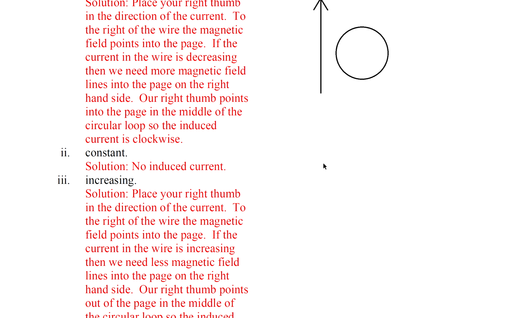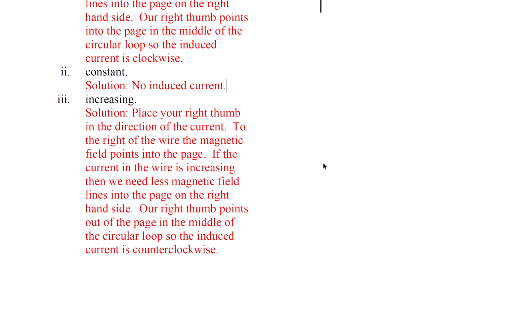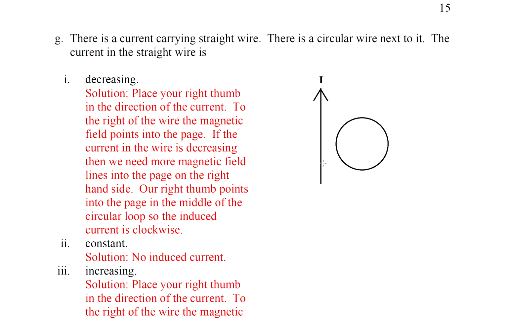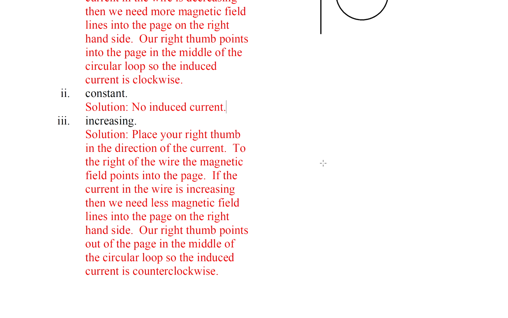Since the magnetic flux is increasing, we want to decrease that. So our thumb is going to point out of the page in the middle of the circular loop, so the induced current is counterclockwise. So in this problem, the current points upwards.